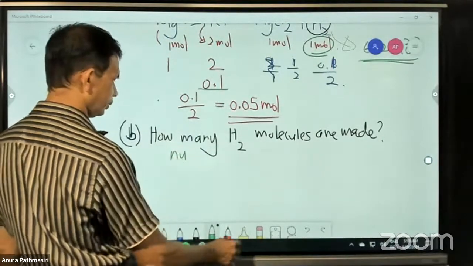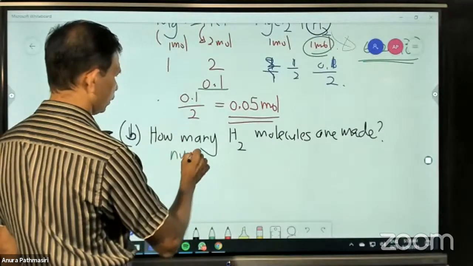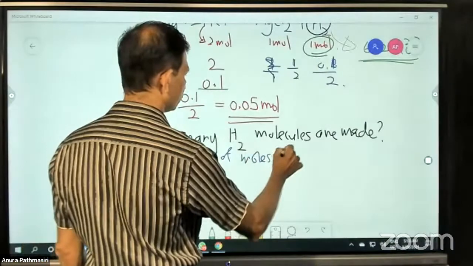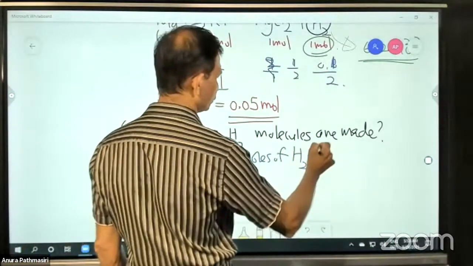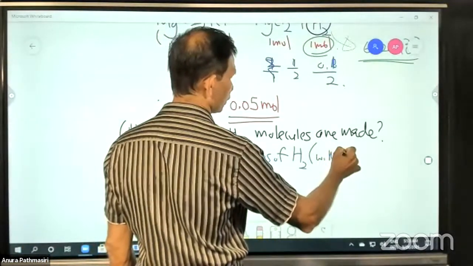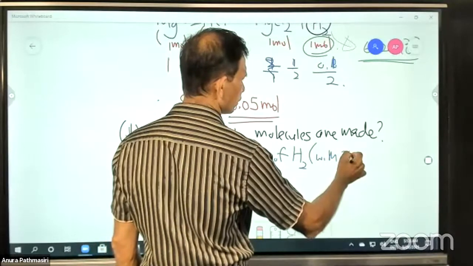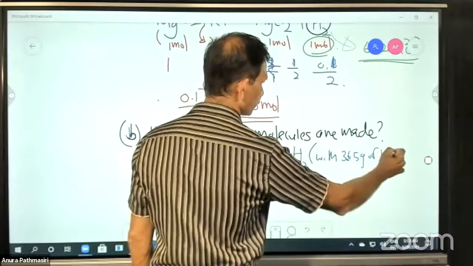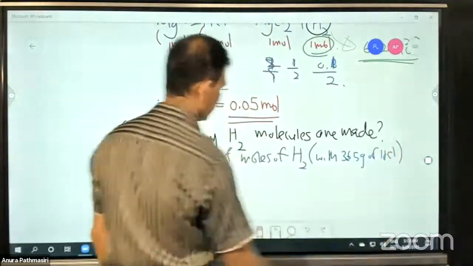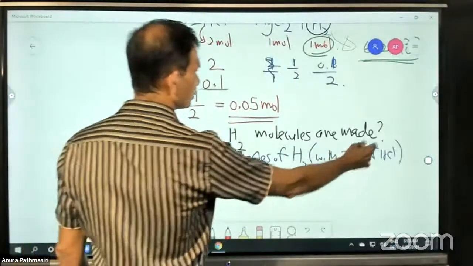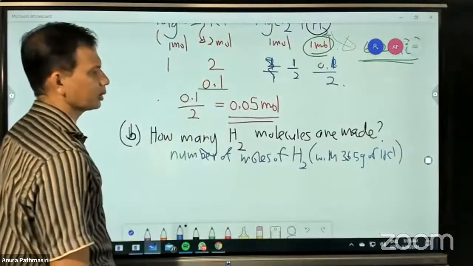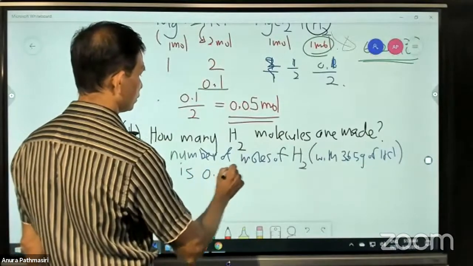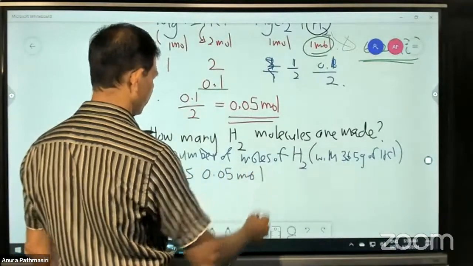Then the number of moles of H2 with 3.65 gram of HCl is 0.05 mole.